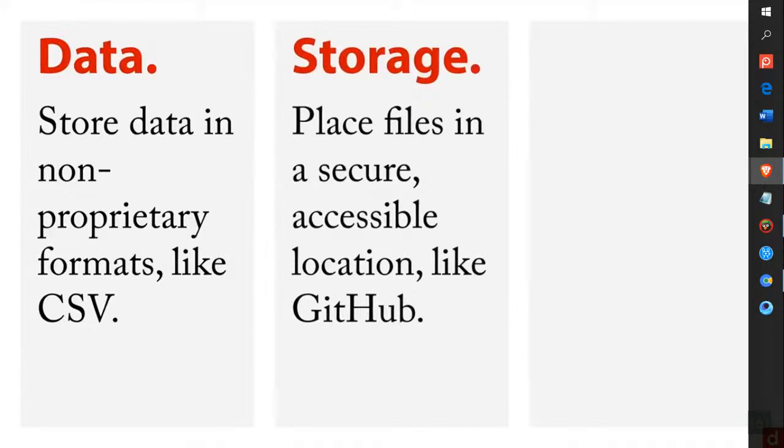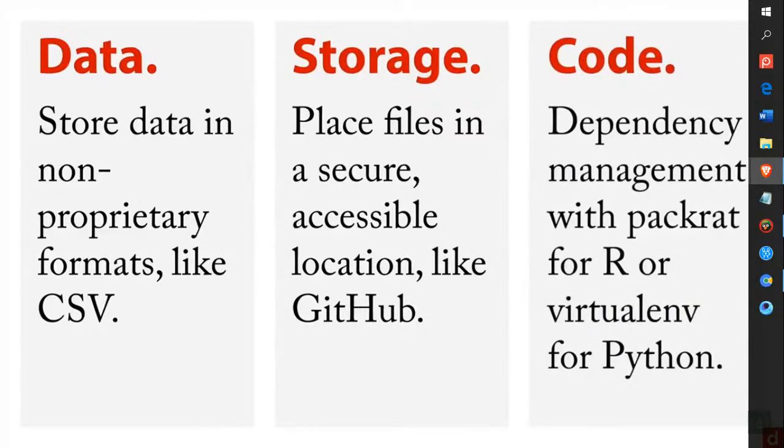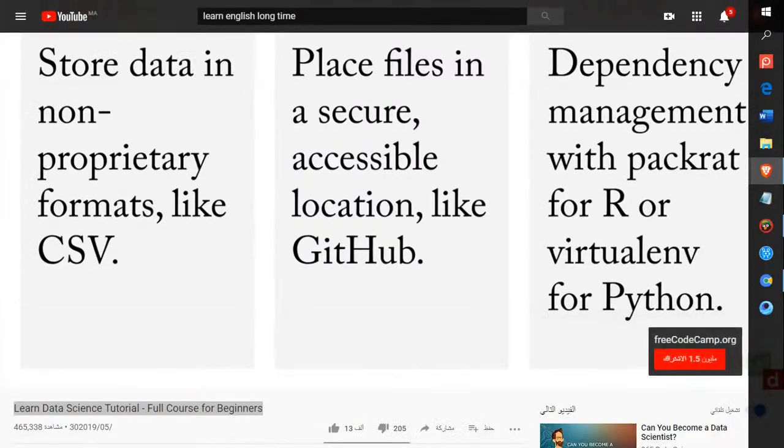It's probably one of the best choices. And then for the code, you may want to use a dependency management package, like Packrat for R or virtualenv for Python, as a way of making sure that there are always versions of the packages you use that work, because sometimes things get updated and it gets broken.